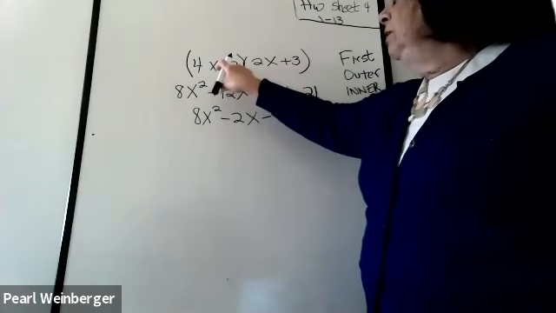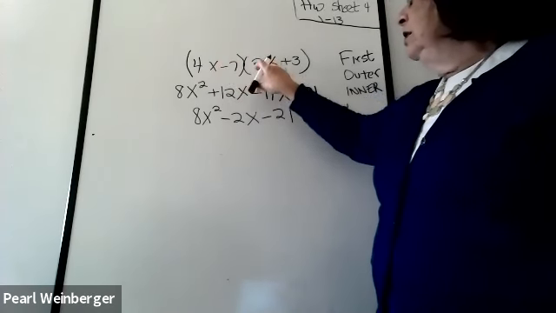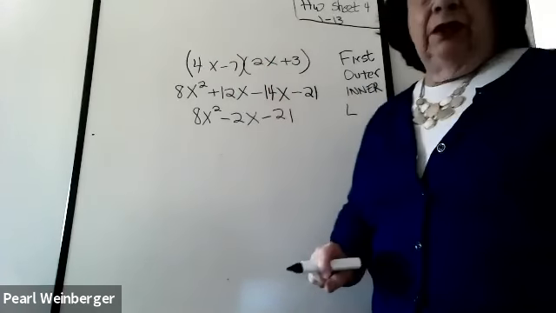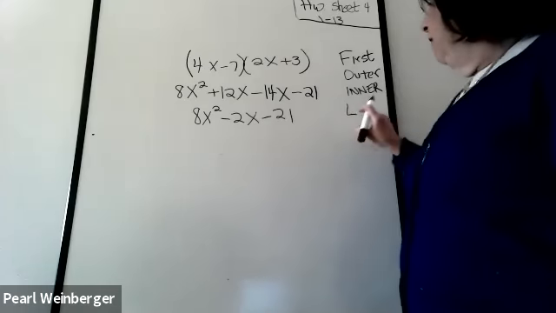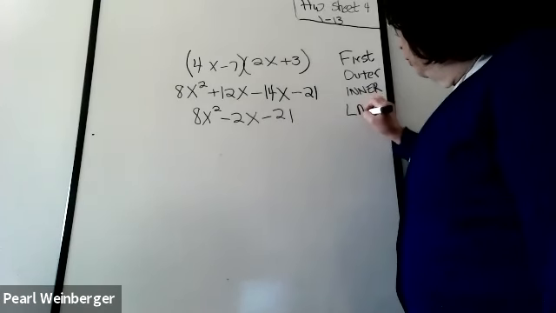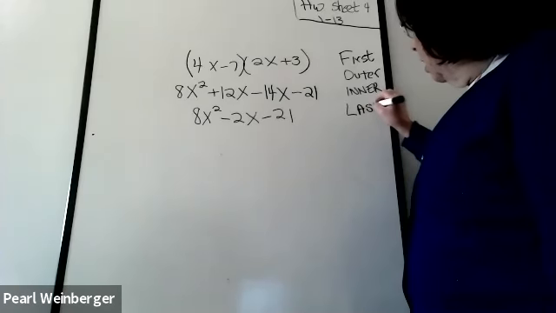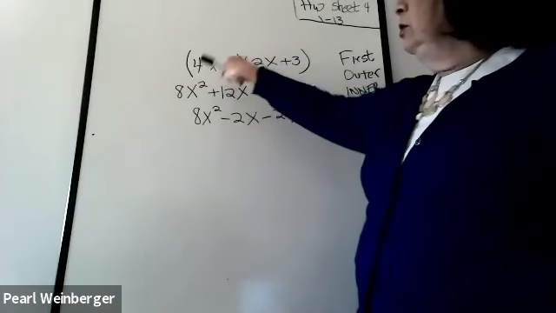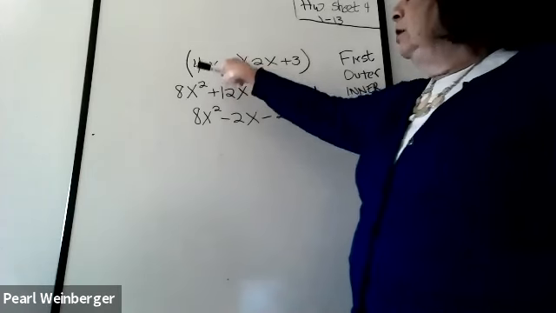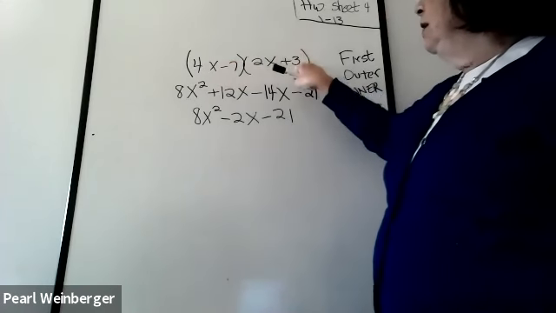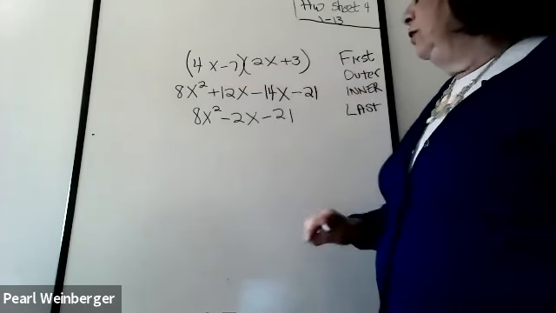So now we multiply the inner, the negative 7 and the 2x. That gave us a negative 14x. And finally, the L stands for last. That means the two last terms in each of the parentheses. So this will be a negative 7 times the 3, and that's the negative 21.